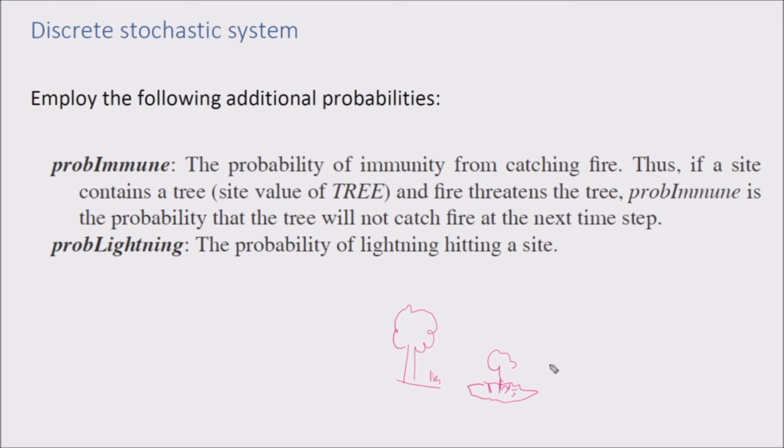Or maybe you have rocks around, and little trees survived around because of that. They won't get on fire. So in that case, there's a probability of immune. Even if this one gets caught on fire, these won't. So we can consider some probability. We're going to throw in there and say, okay, there are immune trees. They won't catch fire ever, even in the next step. So that's what we're going to put here.